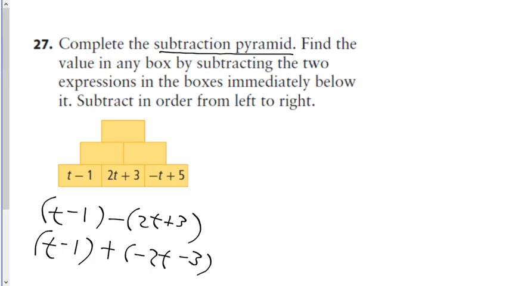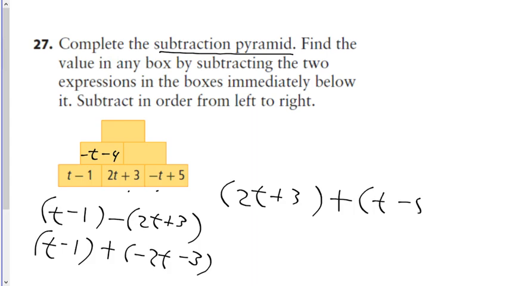When you gather like terms, this will be a negative t, and this will be a negative 4. When you do the next one, it'll be this, take away this, which I'm going to immediately just add the inverse. It's going to be a positive t and a minus 5. I'm saving myself a half a step. Therefore, this will be 3t minus 2.